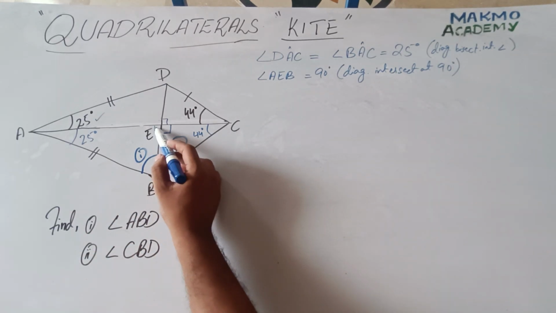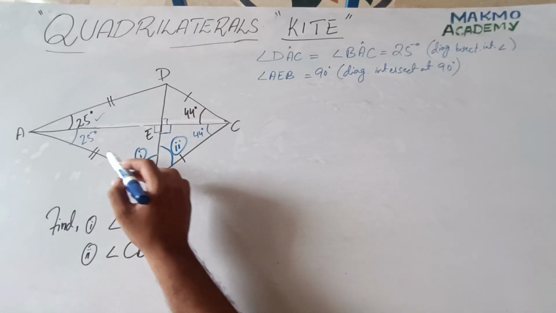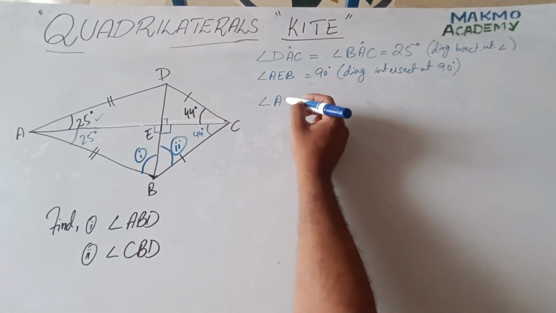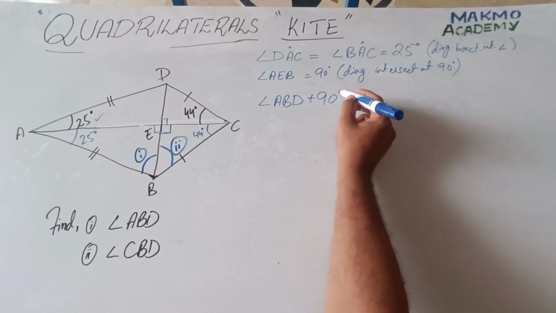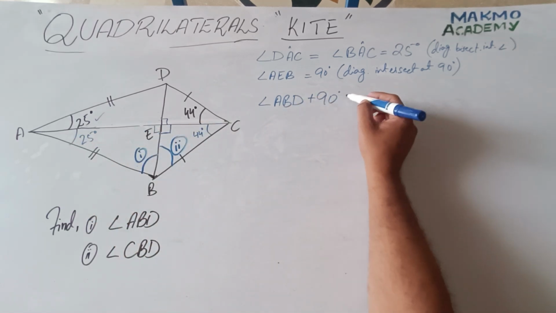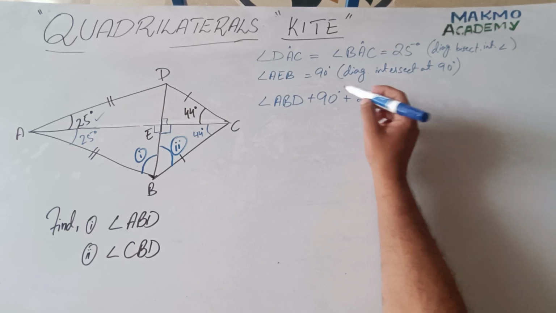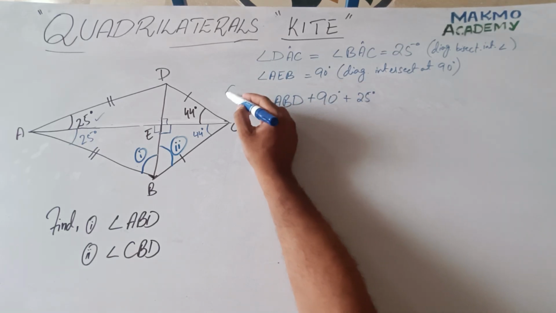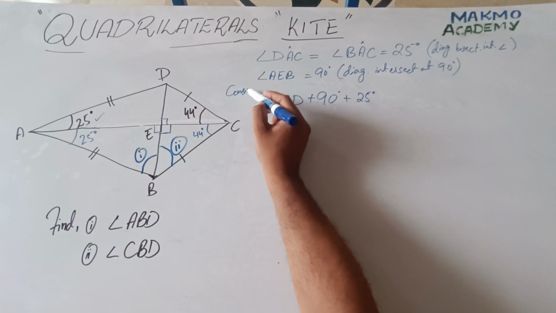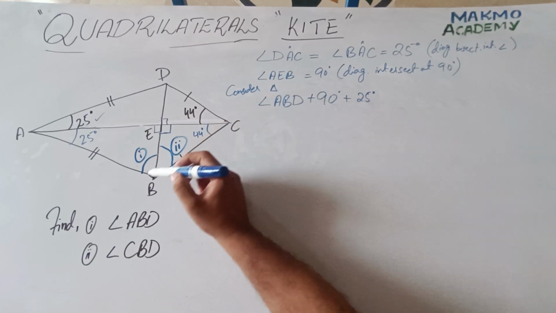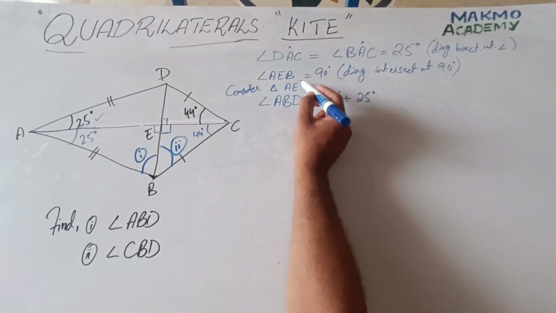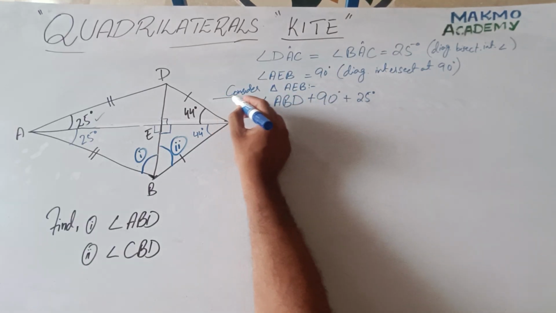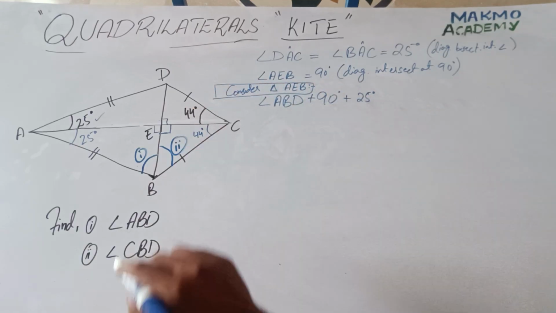Now I will say that 90 plus angle ABD plus 25. Angle ABD, it means that I am talking about this angle which is unknown, plus 90 degrees plus 25 degrees. Before this, consider triangle AEB. I am specifically talking about triangle AEB.